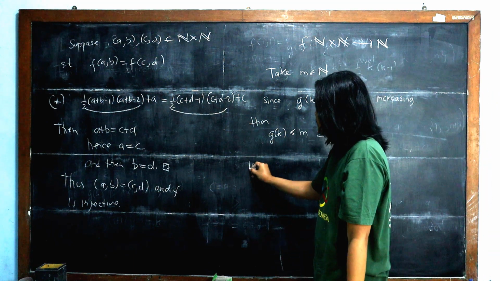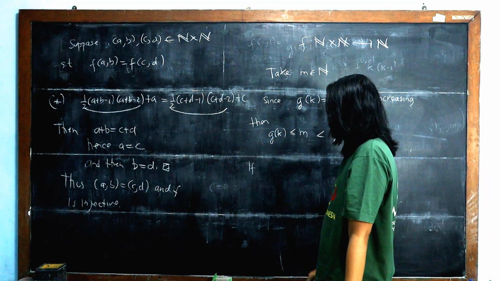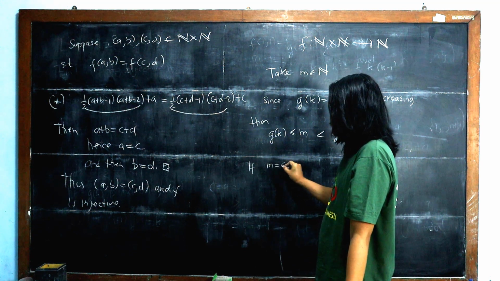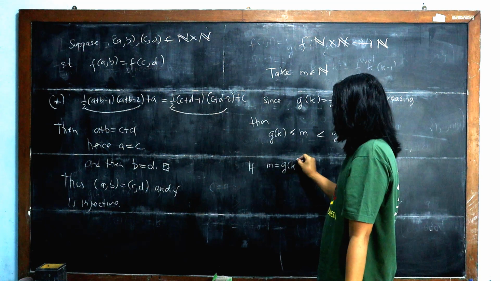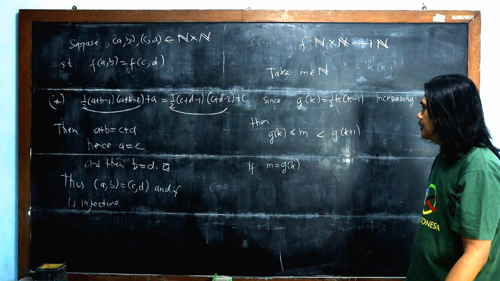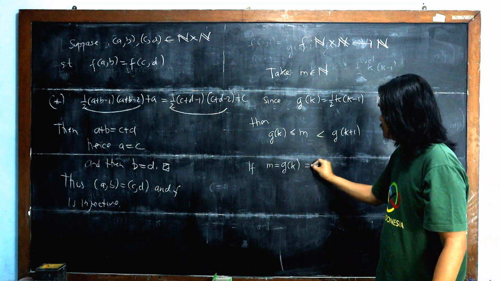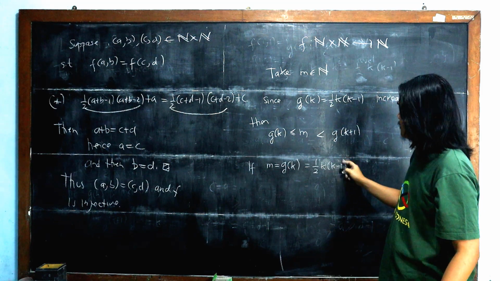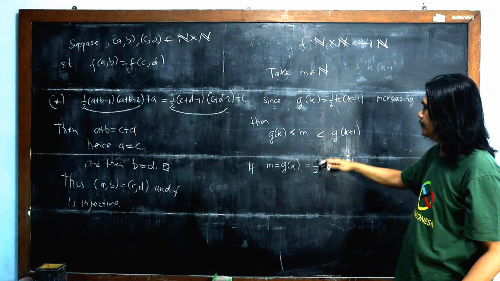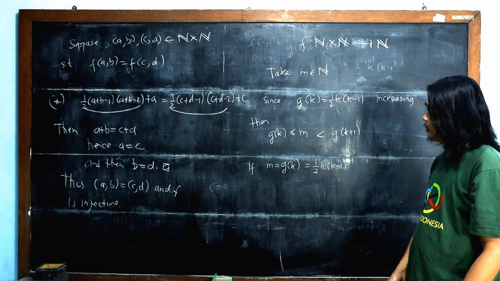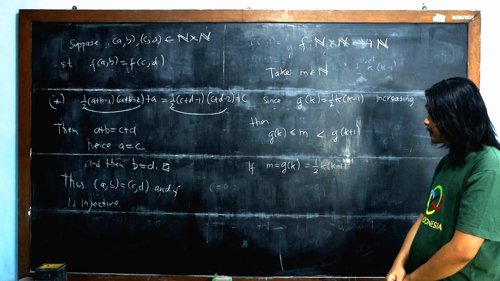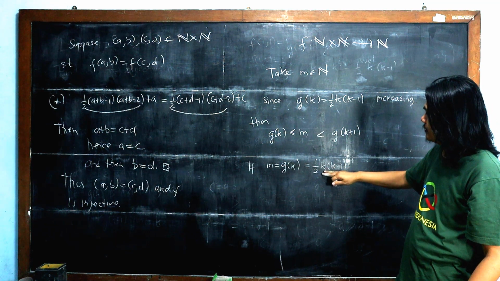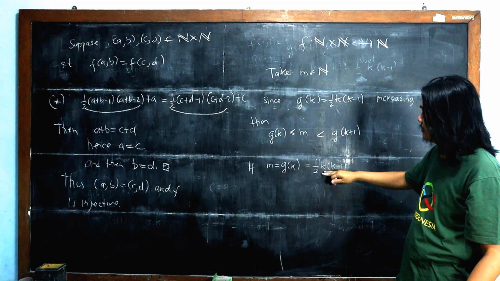Okay, if m is equal to g(k), okay, what does it mean? If m is equal to g(k), which means half of k times k minus 1. Remember, this number is the sum of all elements on the levels less than the kth level.